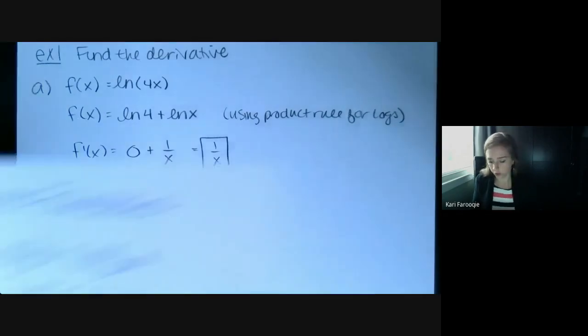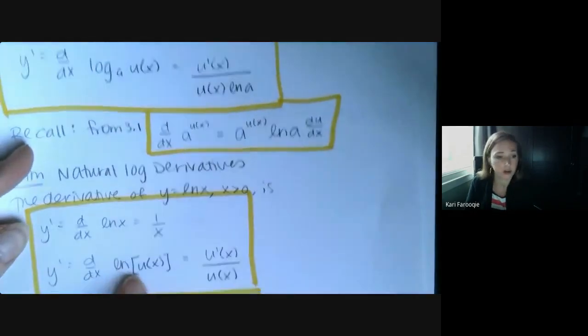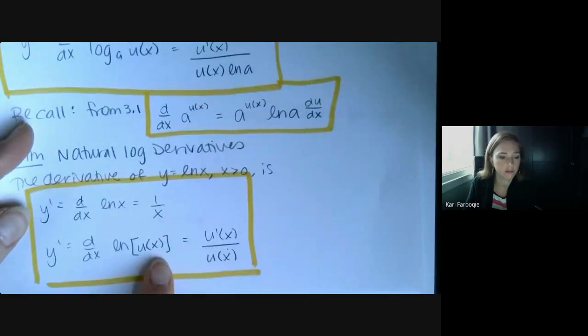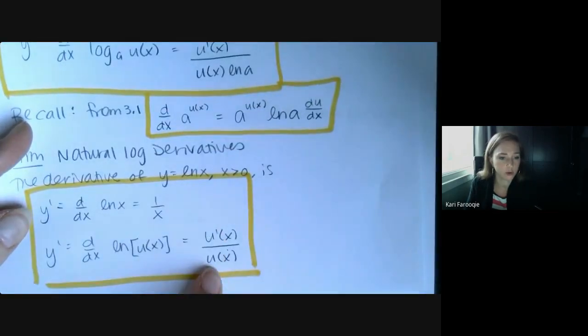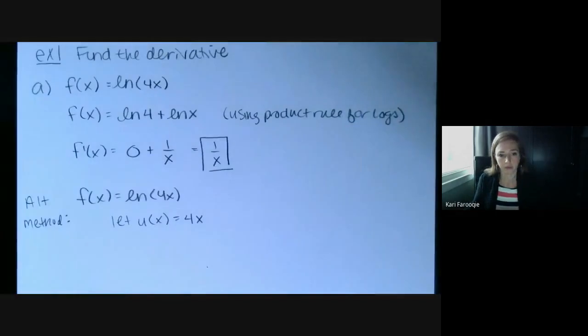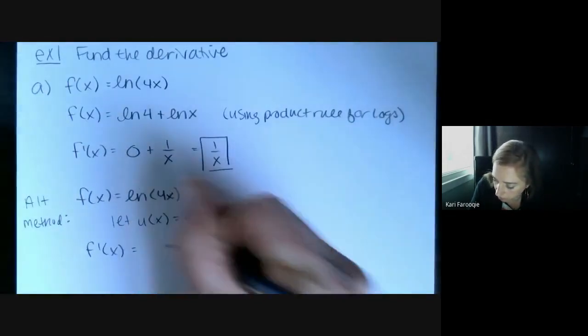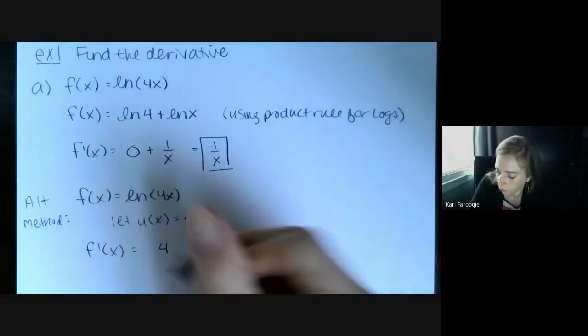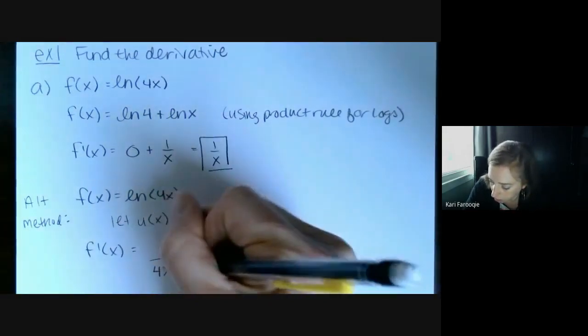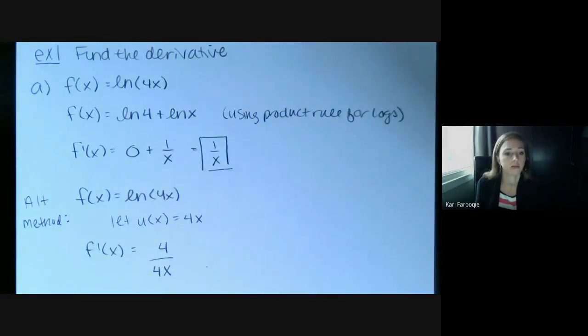I gave you a rule that said that the derivative of the natural log of some function u of x is u prime over u. So to take f prime, you're going to take u prime, which is 4, divided by u, which is 4x.